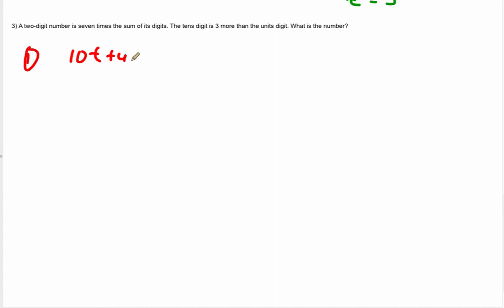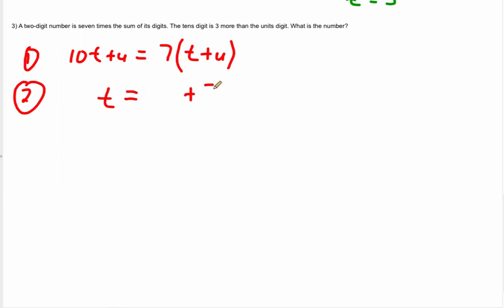The two-digit number is 7 times the sum of its digits. So its digits are those, and we're summing them, and we multiply by 7.